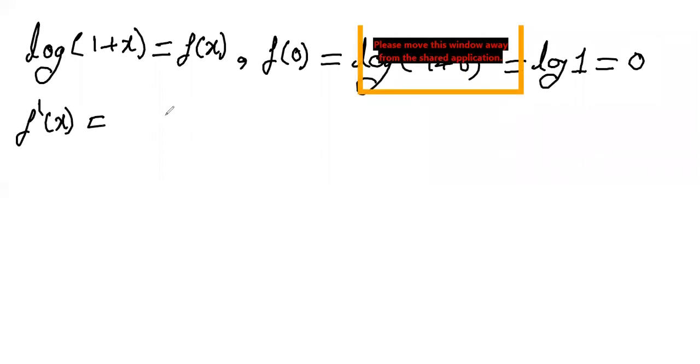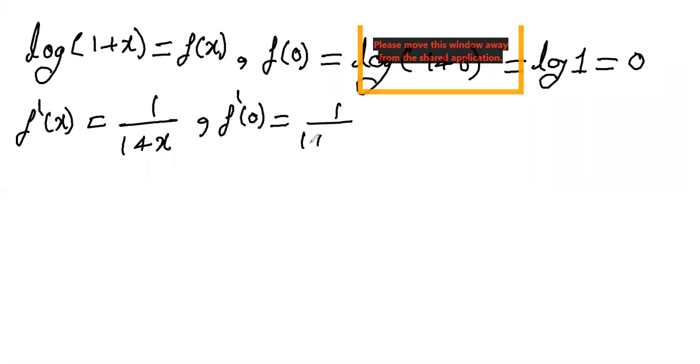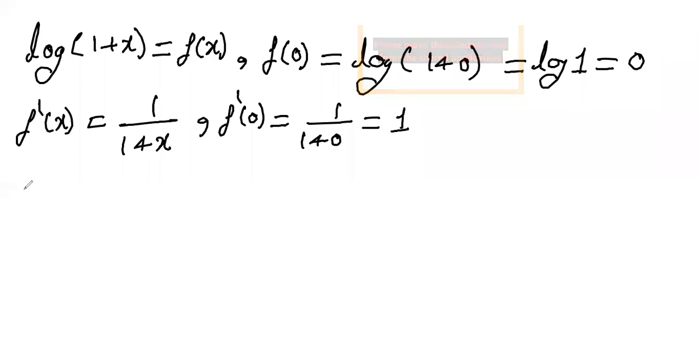So f dash x is 1 upon 1 plus x. So f dash 0 is 1 upon 1 plus 0, which is equal to 1. Okay. Next is f double dash x.